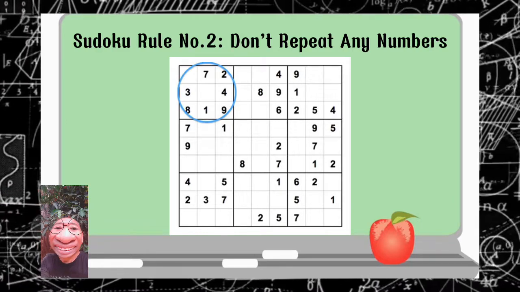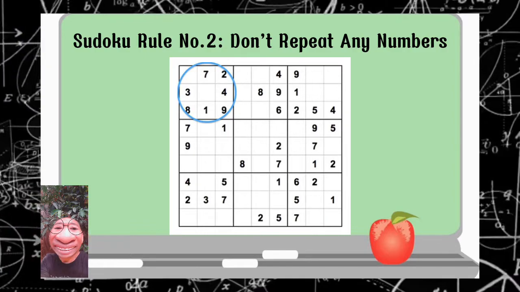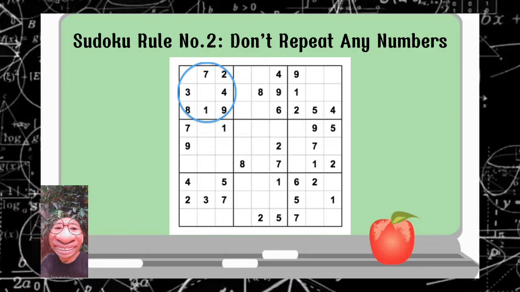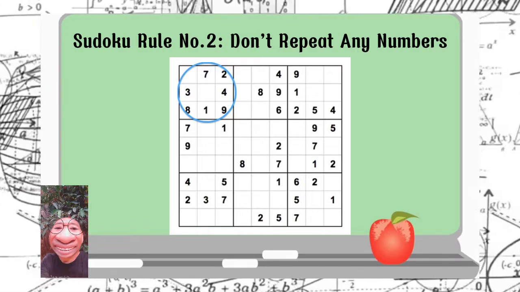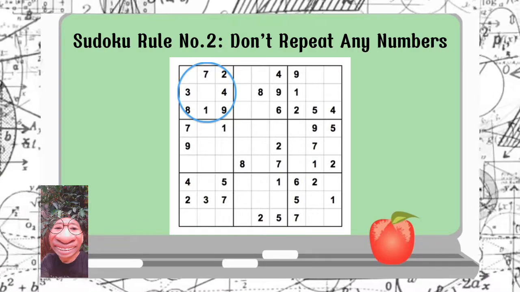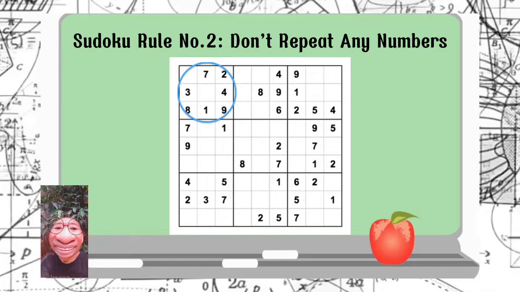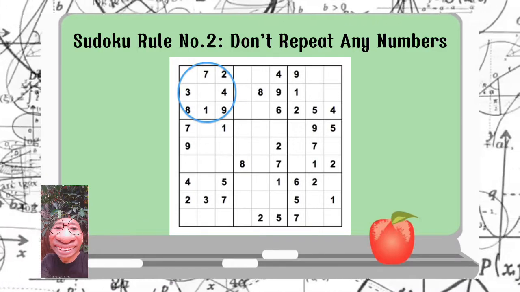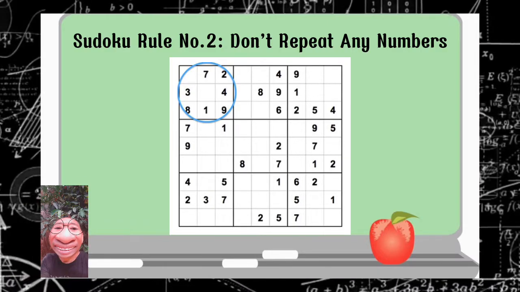As you can see in the upper left square, circled in blue, this square already has 7 out of the 9 spaces filled in. The only numbers missing from the square are 5 and 6. By seeing which numbers are missing from each square, row or column, we can use process of elimination and deductive reasoning to decide which numbers need to go in each blank space.